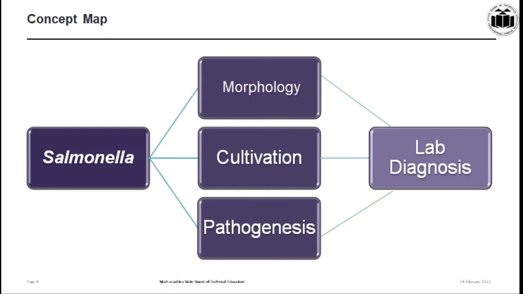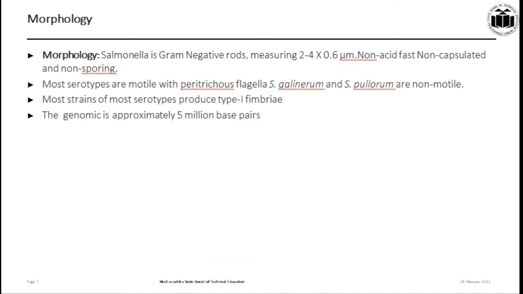First, the morphology of Salmonella. When we look over it, first I told you that the Salmonella is a gram-negative bacteria, whose size ranges from 2 to 4 micrometer in length to 0.6 micrometer.